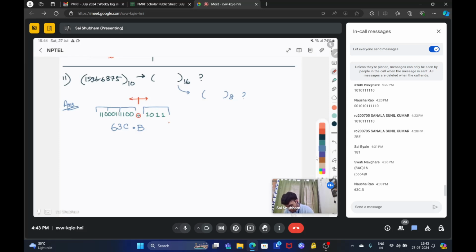I will discuss the solution right now. If you have to convert it into octal, so grouping has to be done of 3.